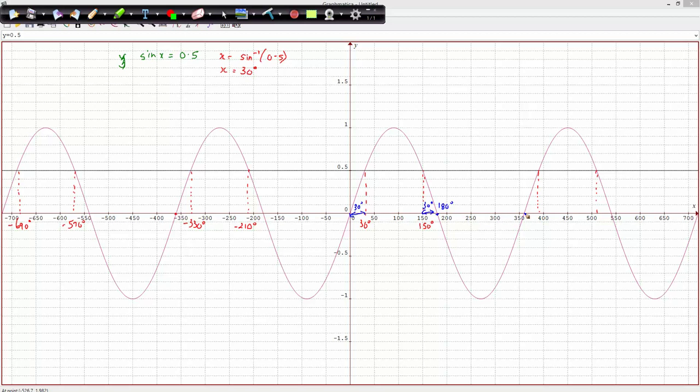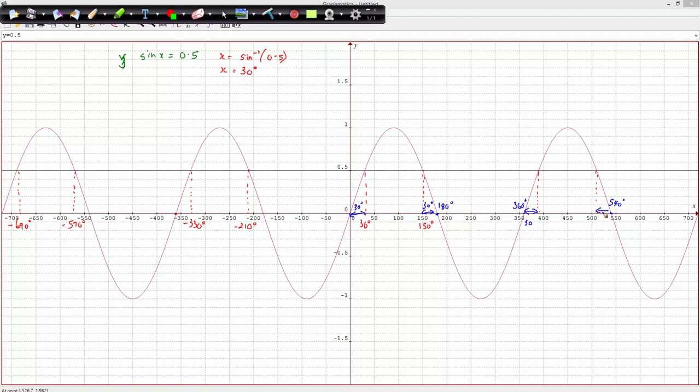Then we've got this other point here, which if you're getting familiar with the sine curve, you might recognize as 360. So this other solution is going to be 30 degrees up from that, and that would be 390. This point here would be 360 plus 180, so 540 degrees.